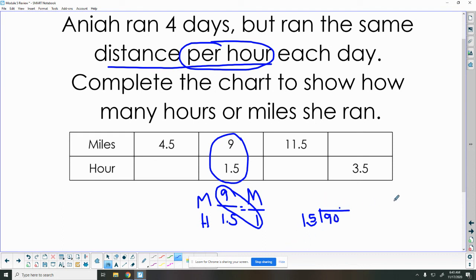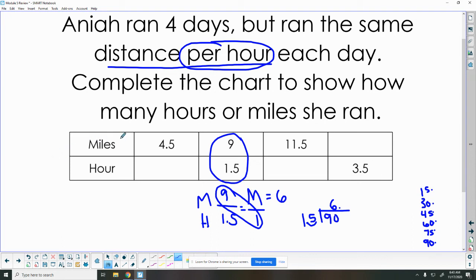So 15, 30, 45, 60, 75, and 90. Oh, perfect. It goes in there 1, 2, 3, 4, 5, 6 times. So it looks like she is running exactly 6 miles every hour.